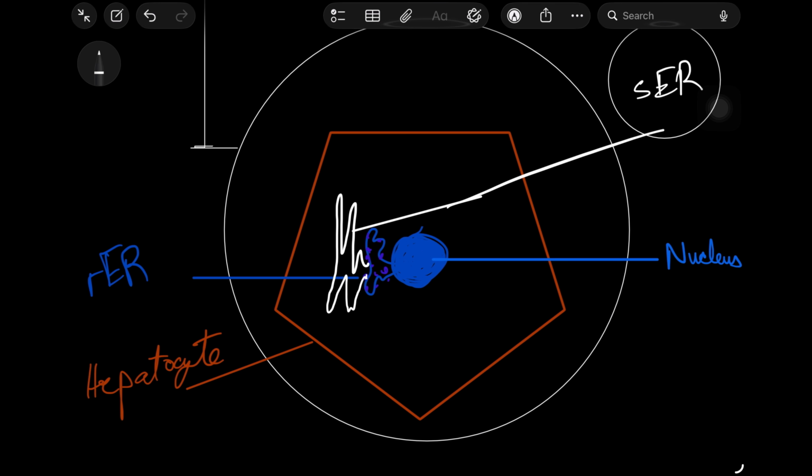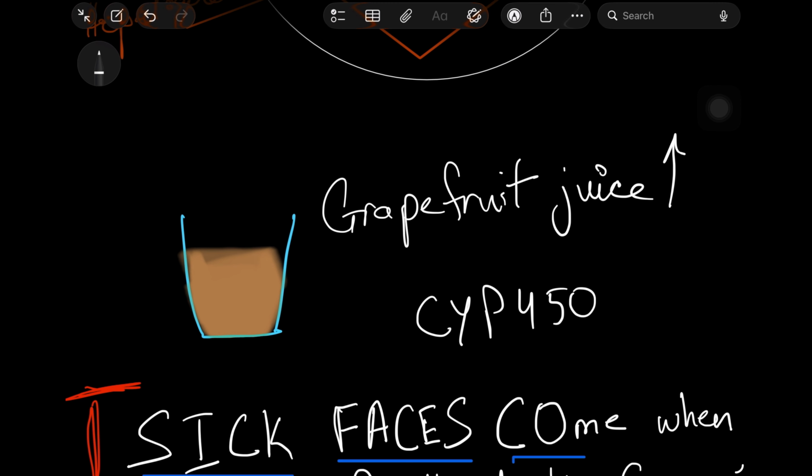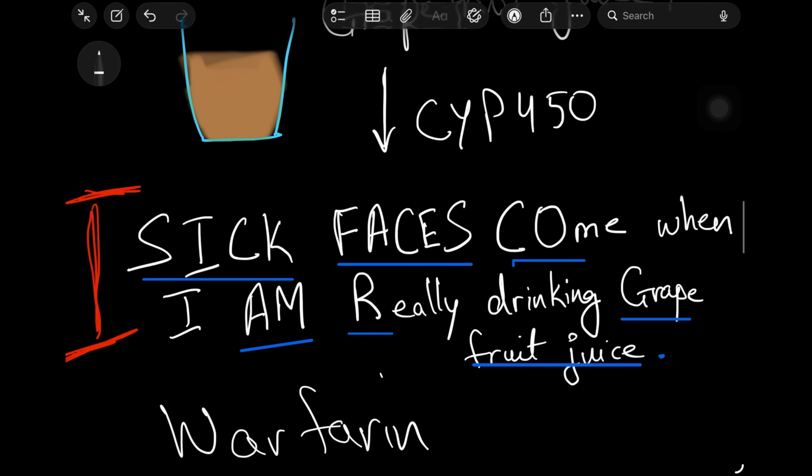Now, the cytochrome P450 system has a lot of inducers and inhibitors, and in this case, grapefruit juice is actually an inhibitor of the cytochrome P450 system, and warfarin, you have to remember, is a substrate of the cytochrome P450 system.